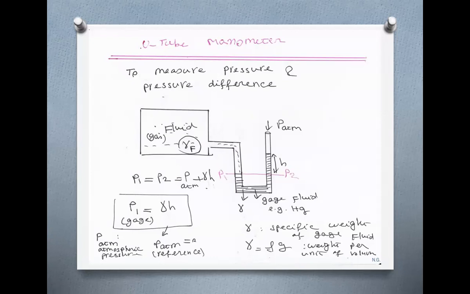Professor, sorry, but I actually have a question. Is this to measure the pressure that's outside, or are we measuring the pressure of the fluid inside? You're measuring the pressure of the fluid inside this container, which is gas in this case. Because if it was not gas, you have to consider the weight of this column of the fluid too. But because it's gas and density of gas is small, you say, okay, weight is negligible.